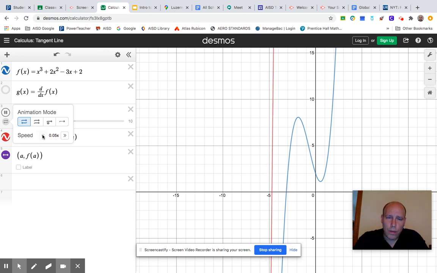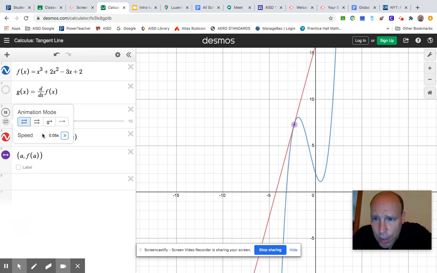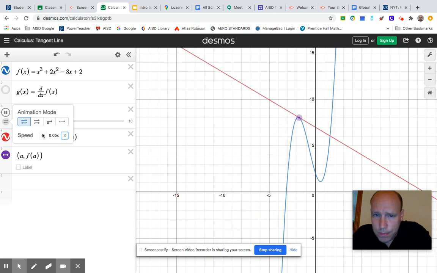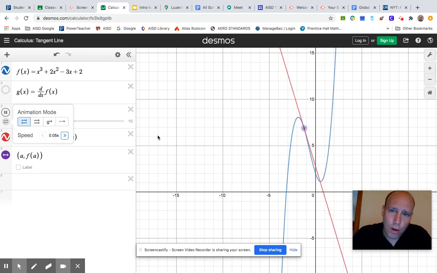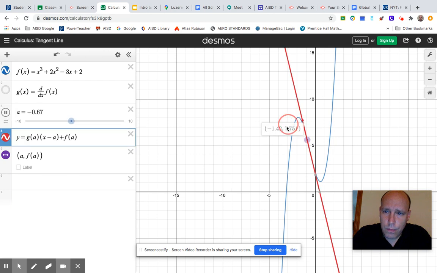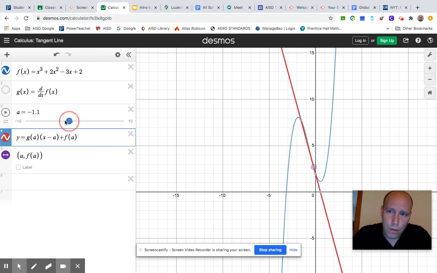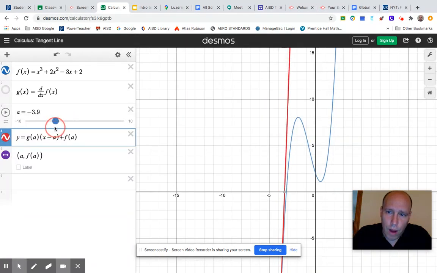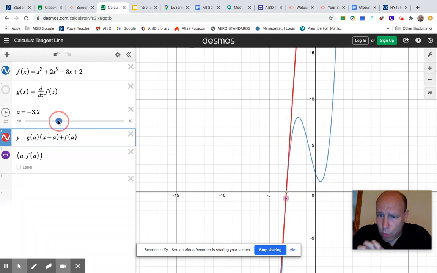Okay, so the question is what's going on now? We can see the slope is increasing. The function is increasing. No, sorry. I apologize. Okay, right now, the blue graph, we're moving from left to right. The blue graph is increasing. What's the slope of the tangent line?